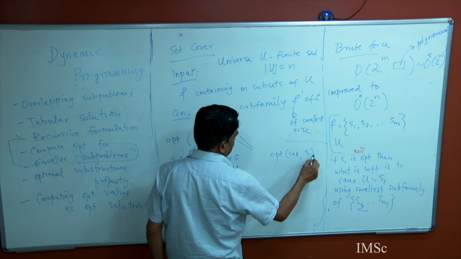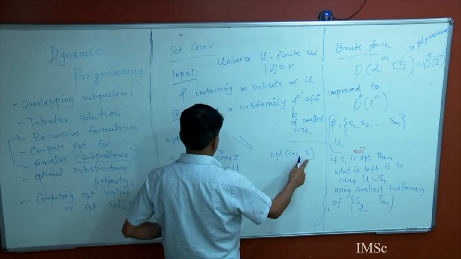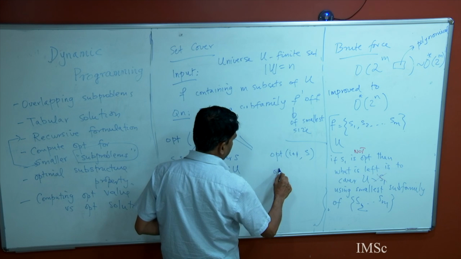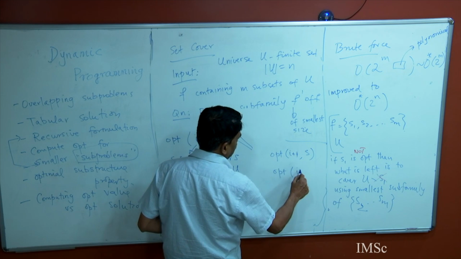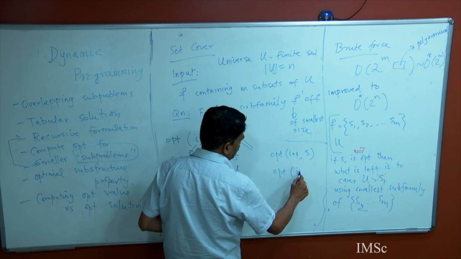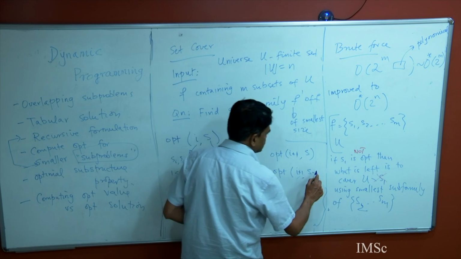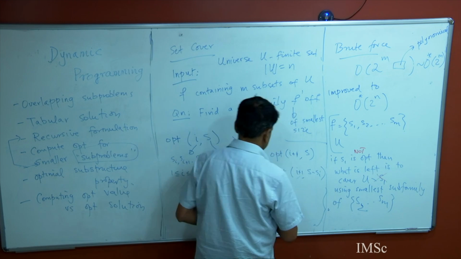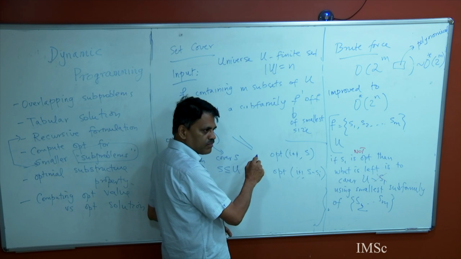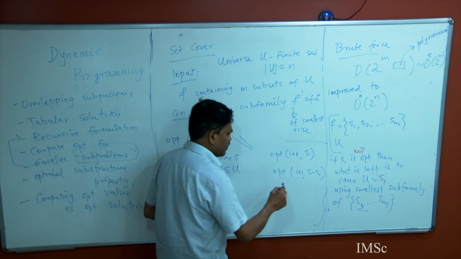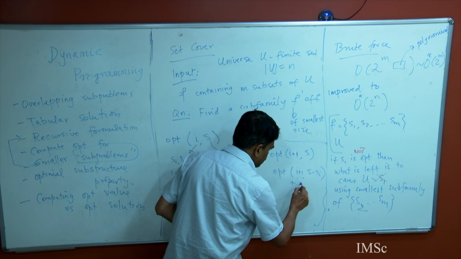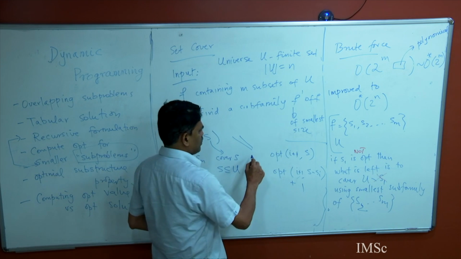If Si is not in the solution, use i plus 1 to m to cover S. If Si is in the solution, then use i plus 1 to m to cover S minus Si, and it should be plus 1. Thank you. Yes, minimum. Exactly.